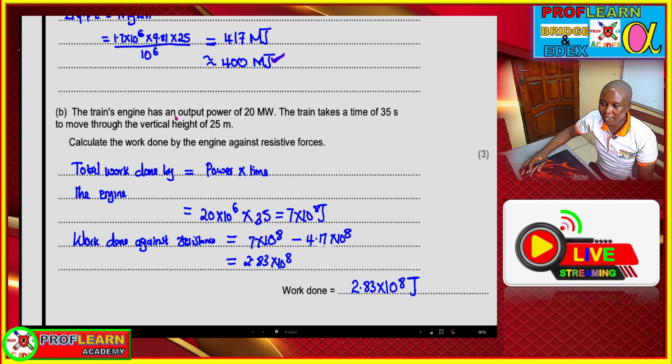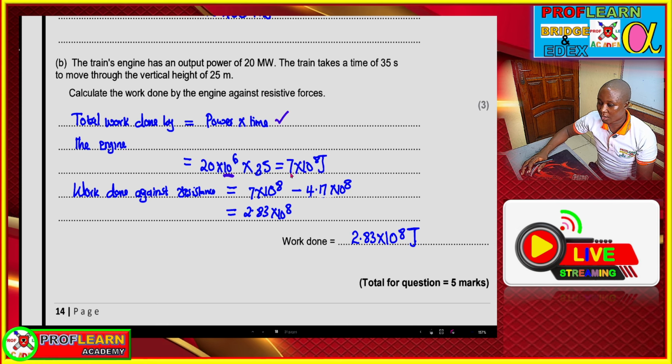The train's engine has an output power of 20 megawatts and the train takes a time of 35 seconds. In this particular question, the examiner wanted you to get the total work done, and the total work done is power times time, but remember it's megawatts, so that is going to be multiplied by 10 raised to power 6. Don't forget that.